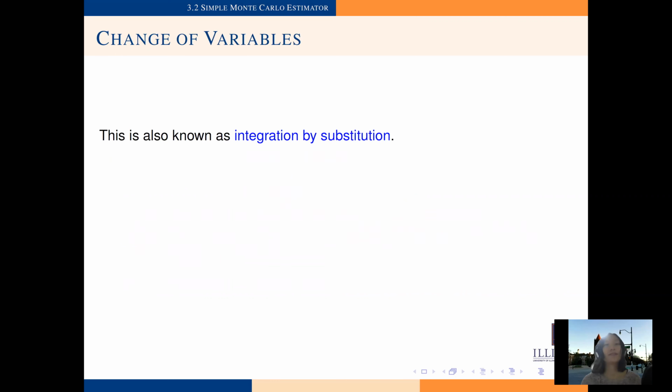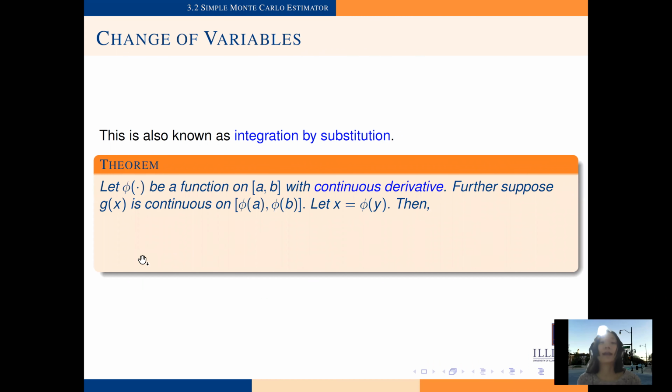But now let's first review some calculus. So the change of variable technique for integration is also known as integration by substitution. And there's a theorem that is really useful here. Let phi denote a function on the interval between a and b with a continuous derivative.